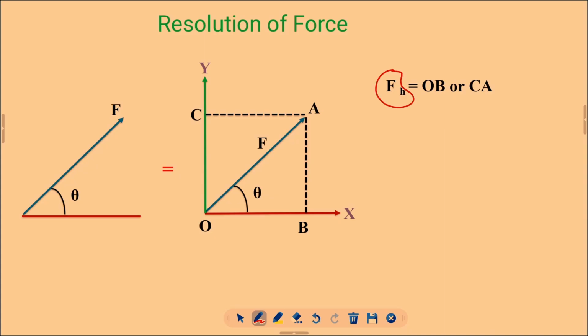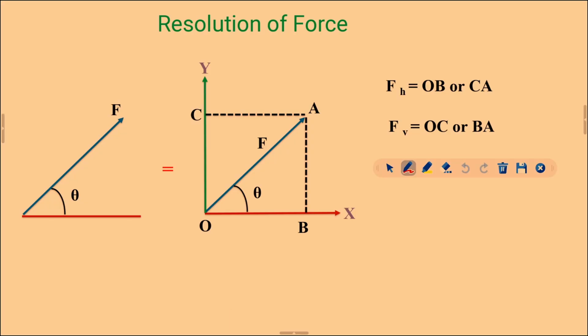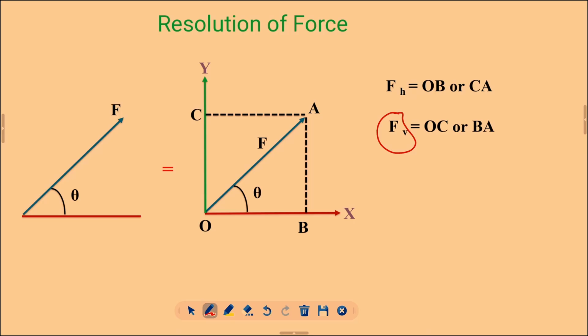On the OX reference axis, the line OB, or CA, represents the horizontal force. Similarly, on the vertical OY reference axis, I consider the vertical force, F suffix V, which is denoted by OC or BA.